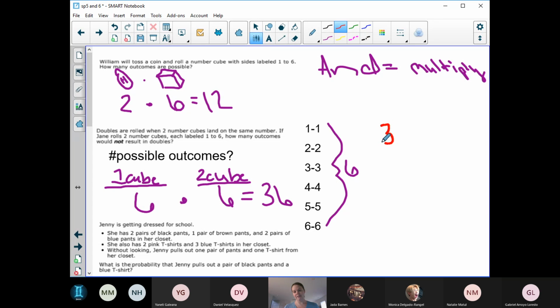So we're going to take our total outcomes minus the ones that are doubles and get the number that is not doubles. So 36 minus 6 gives me 30. So of these 36 outcomes, 30 of them are not doubles. Any questions about how I did that one?